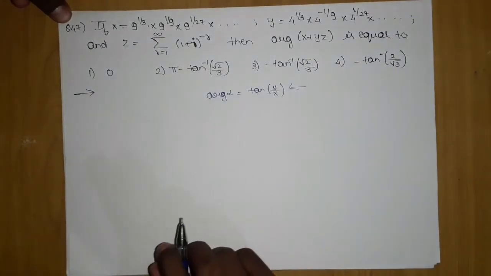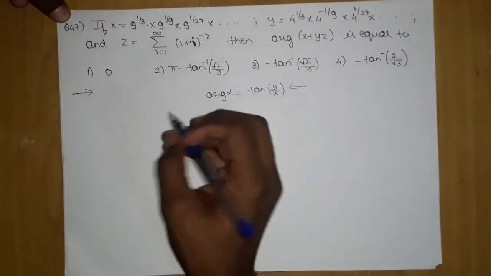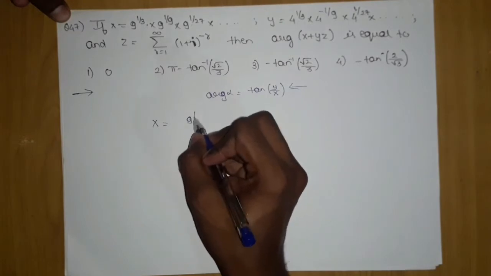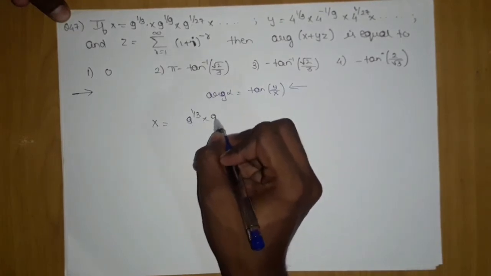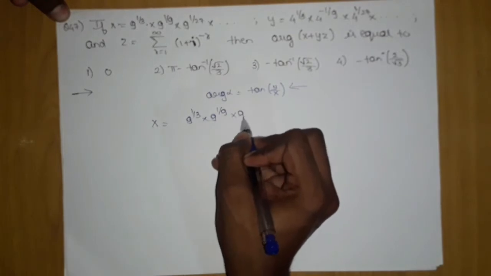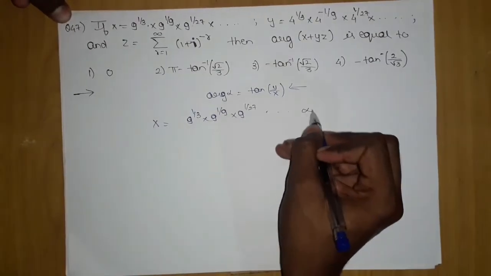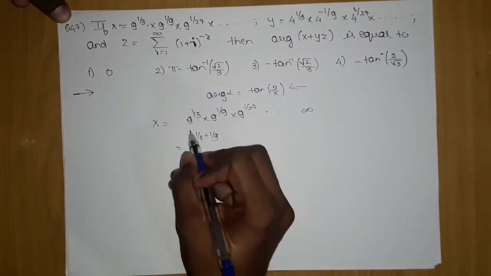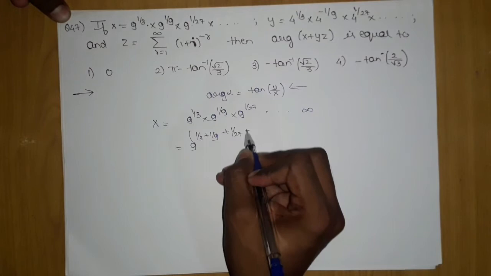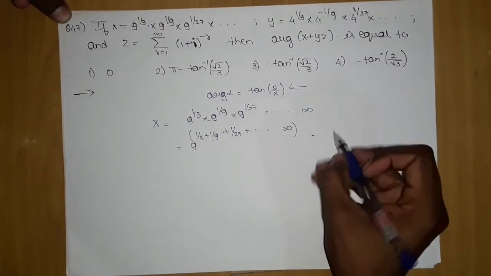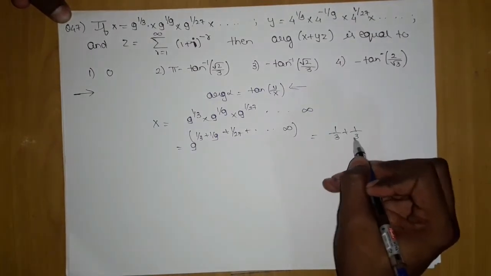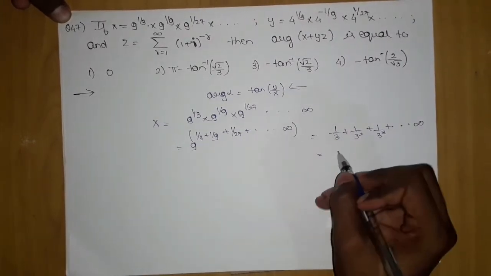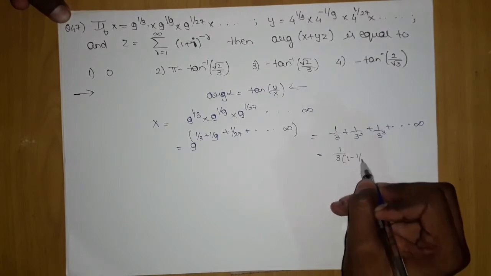Now what we can do is get the sum. It is 9 power 1 by 3 into 9 power 1 by 9 into 9 power 1 by 27 till infinity. I can write it as 1 by 3 plus 1 by 9, 1 by 27 and so on till infinity, which I can write as 1 by 3, 1 by 3 square, 1 by 3 cube and so on till infinity, which gives me 1 by 3 into 1 minus 1 by 3.